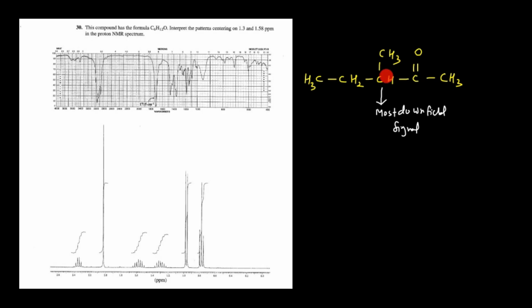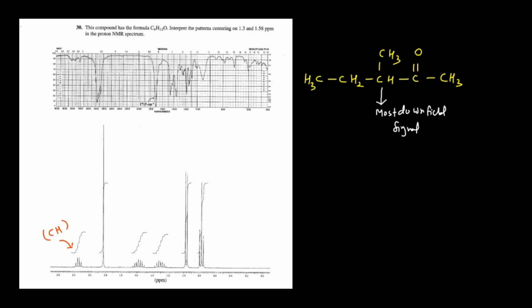So it will de-shield these hydrogens, and de-shielding always causes the downfield shift. So in the entire molecule, this signal would be the most downfield signal. So straightforward, you can jump to the conclusion that this particular splitting pattern is due to the presence of the CH. Later we will decide how we are having this particular splitting pattern.